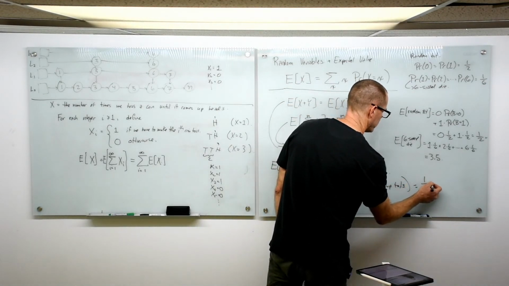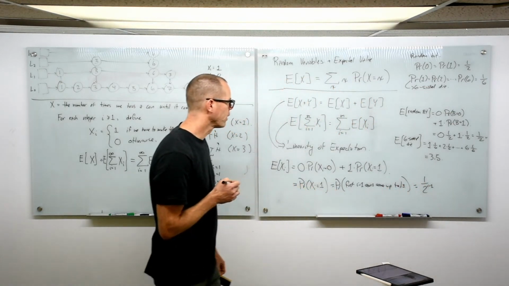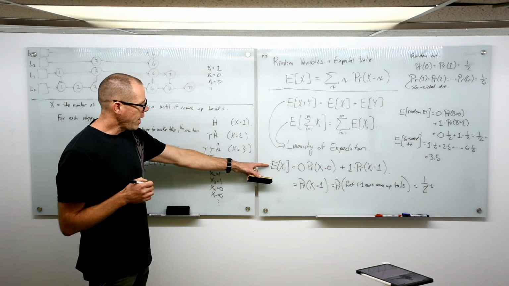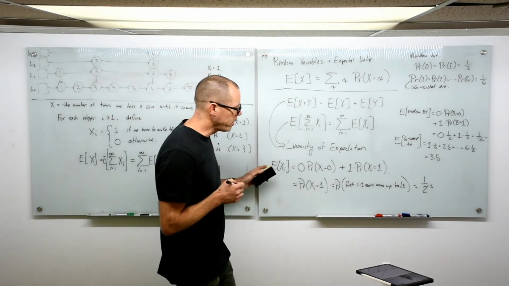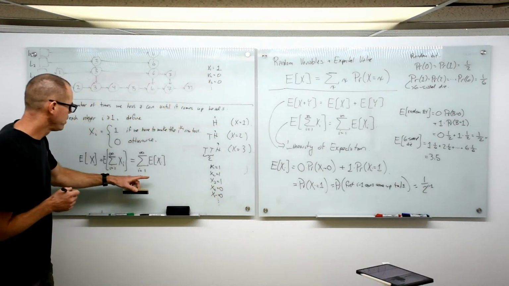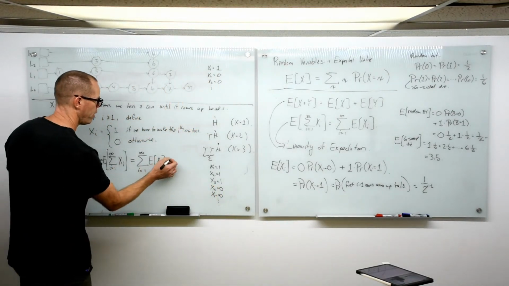Okay. So now we've computed the expected value of x sub i. It's 1 over 2 to the i minus 1. So we can plug that in here.